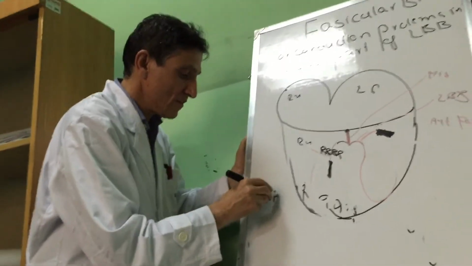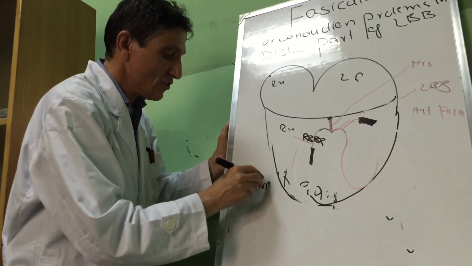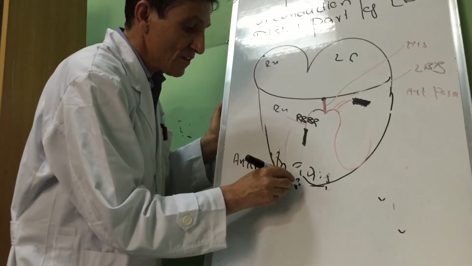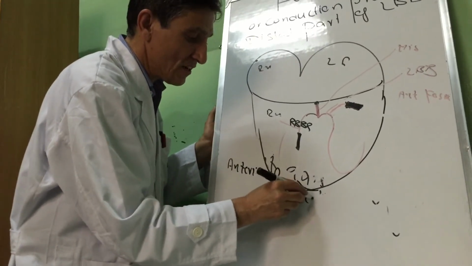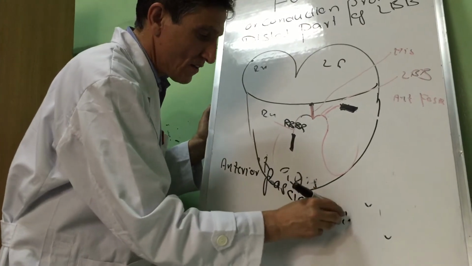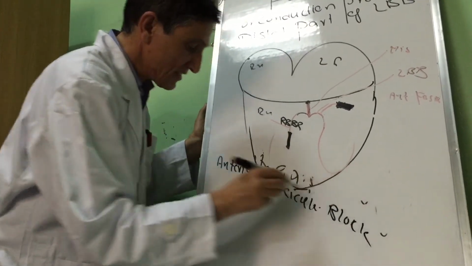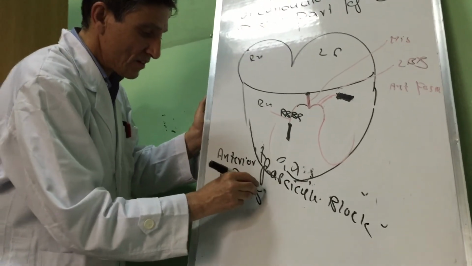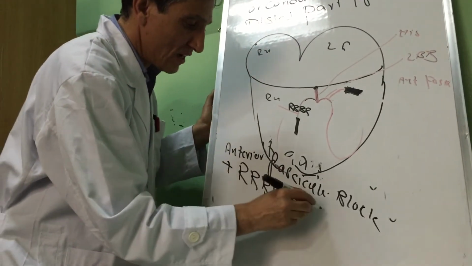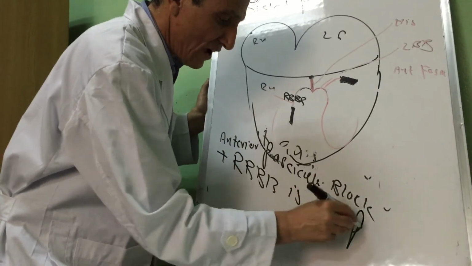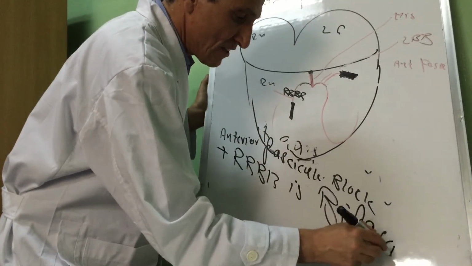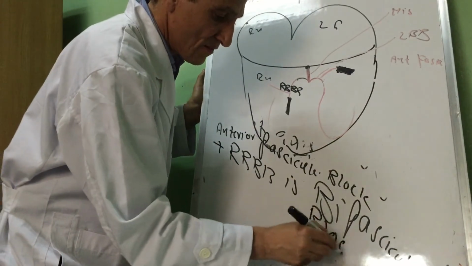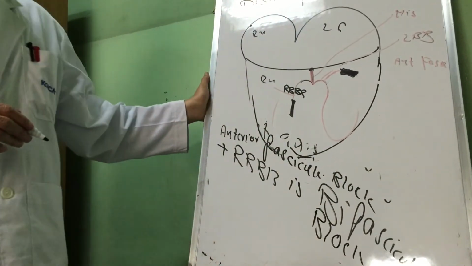Anterior fascicular block plus right bundle branch block is called bifascicular block.